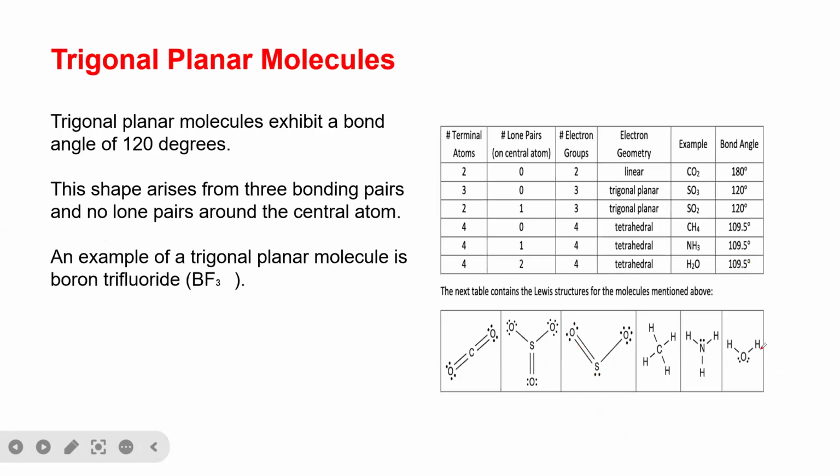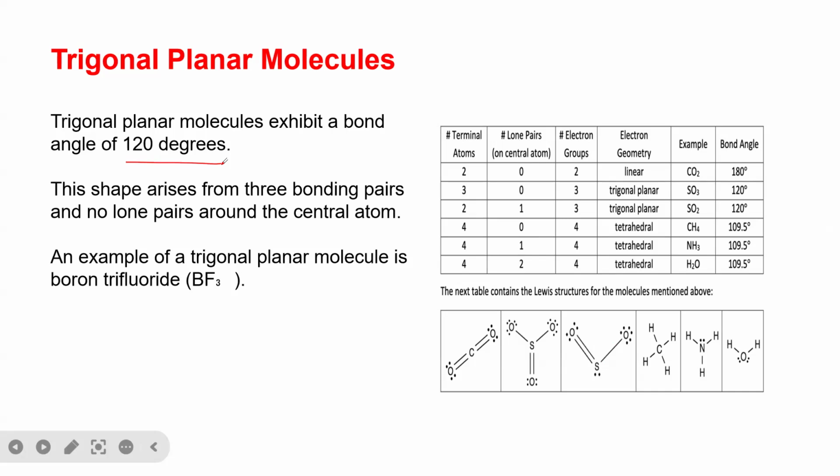Then let's look at trigonal planar. Trigonal planar molecules exhibit bond angles of 120 degrees, and this shape arises from three bonding pairs and no lone pairs of electrons around the central atom. So you see, this is boron.